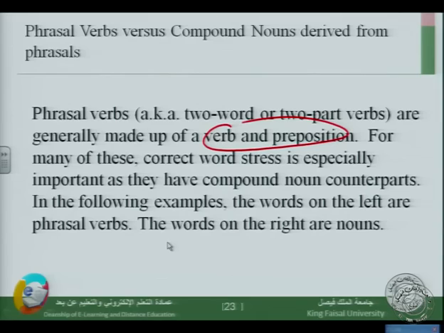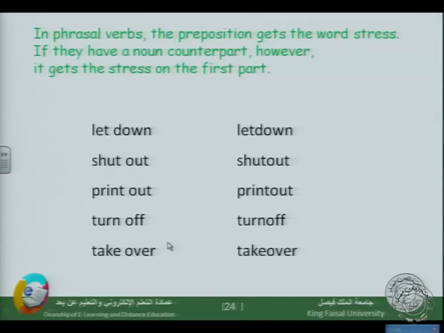In the following examples, the words on the left are phrasal verbs and on the right are nouns. Look at the first one, lid down. In phrasal verbs, the preposition gets the word stress. Notice: lid down, shut out, print out, turn off, take over.